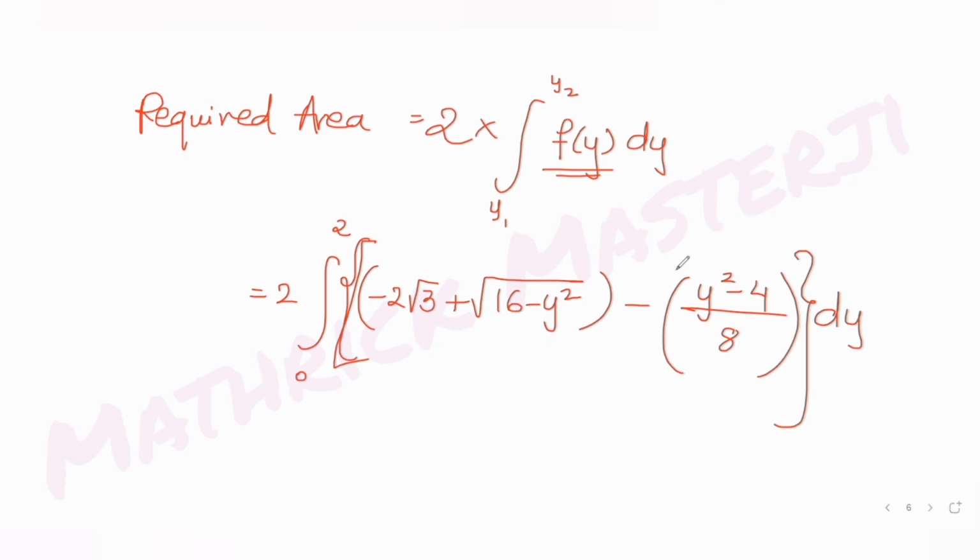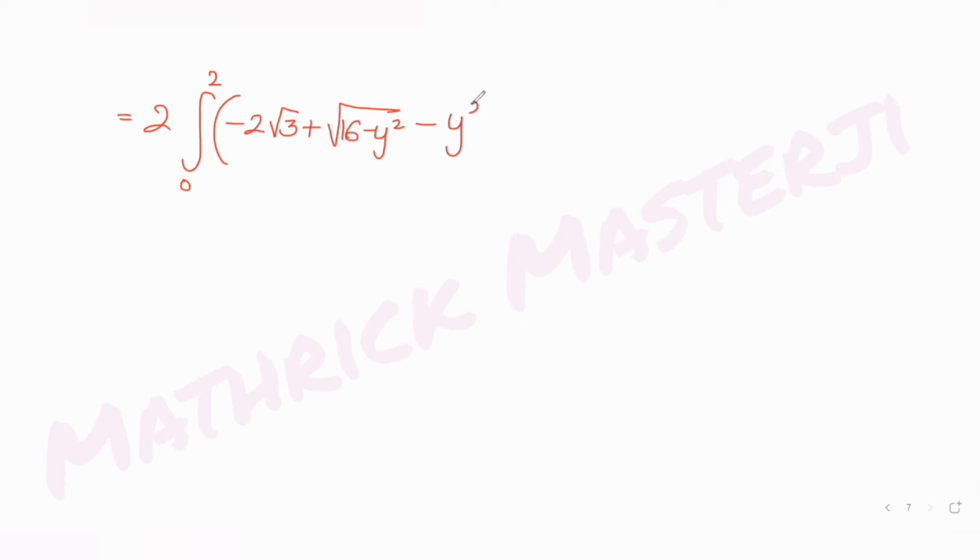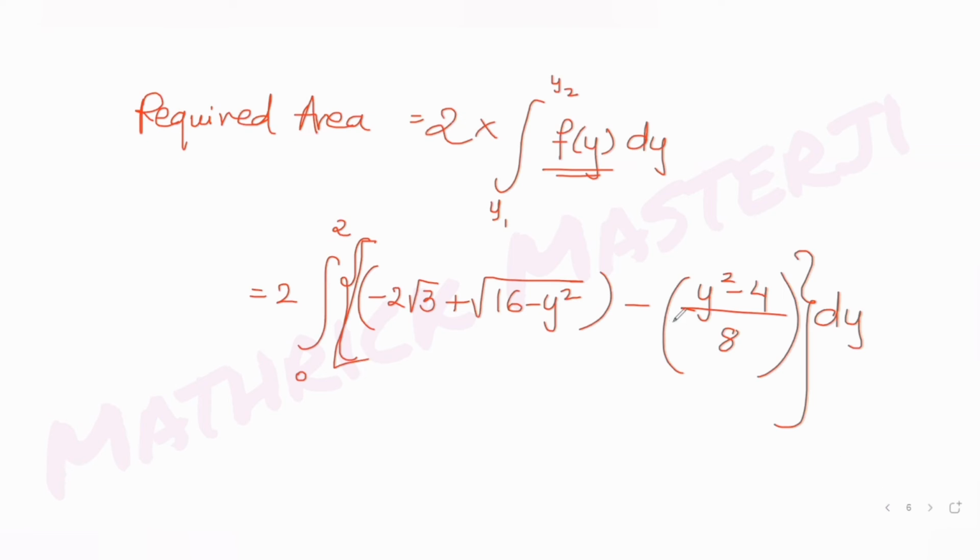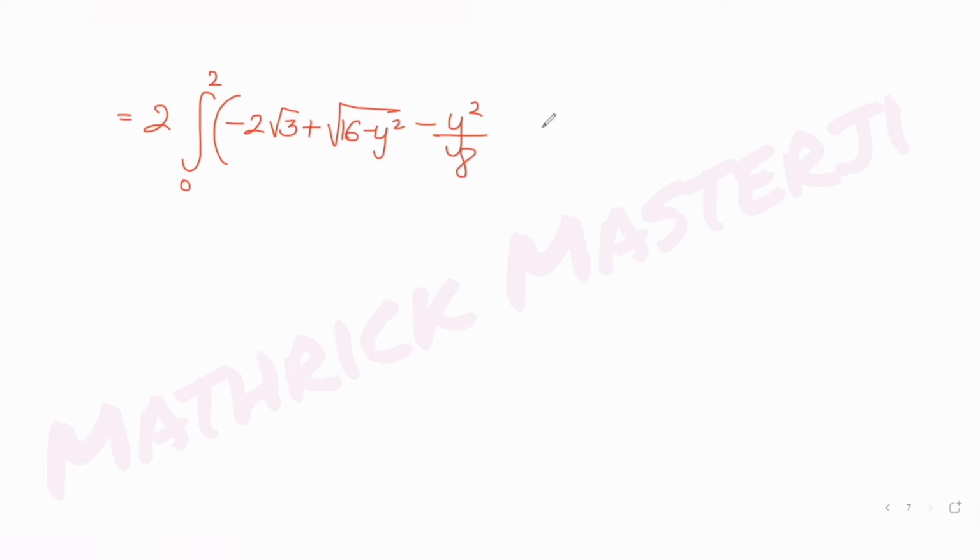So 2 times the limit from 0 to 2, you have minus 2 root 3 plus root 16 minus y square. And if I solve this also, minus y square over 8, and you have minus minus plus, so plus 4 over 8 dy.